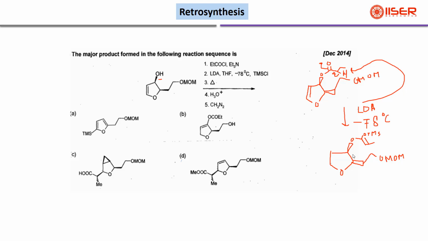The next step, heat has been provided. So in presence of heat, it shows like a Claisen substrate. So a 1,3 sigmatropic reaction can be possible. So this one will break like this.